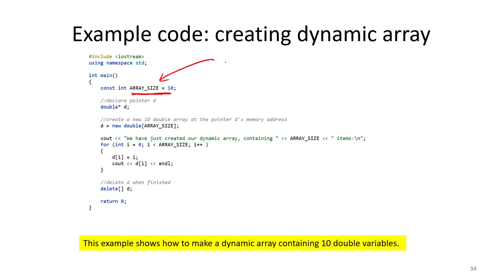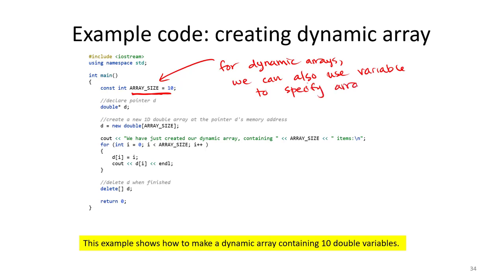But we can show that for dynamic arrays, we can also use a variable to specify the array size. Remember, with ordinary arrays, we had to specify the size as a constant.